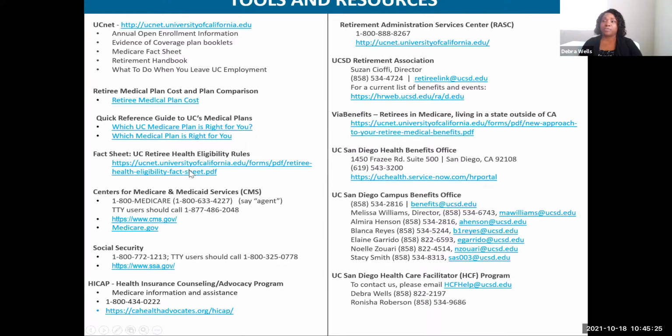And then a few fact sheets. I've listed CMS, Social Security, and HICAP, the Retirement Administration Service Center, RASC. If you don't know this number, you probably will eventually memorize it. The Retirement Association, VIA Benefits, your benefits office if you're a health employee, and the campus benefits office if you're a campus employee. And then I've listed my name here, a number, and my assistant.